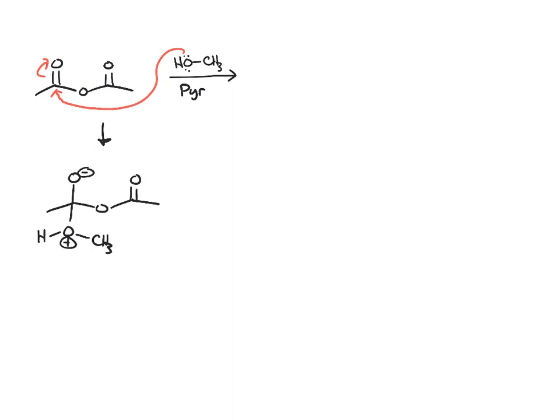Okay, so we add the methanol in, right? We get the tetrahedral intermediate that always breaks back down. So those electrons will come down, but instead of losing the methanol we keep, here we lose this leaving group, which is an acetate.